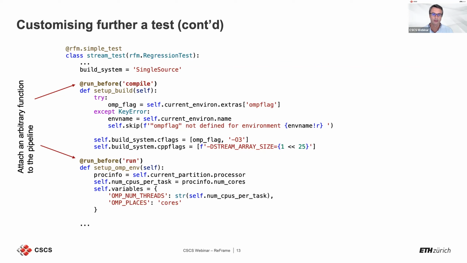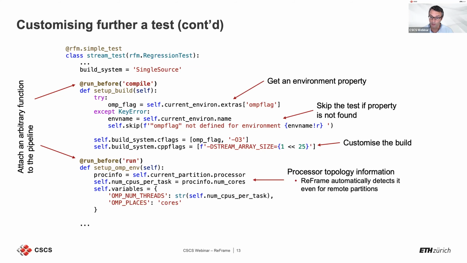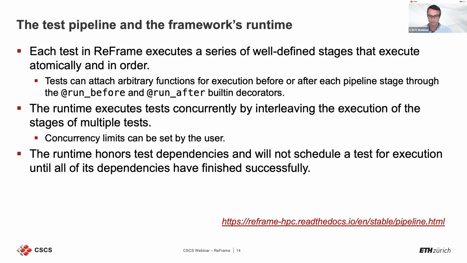And before running the test, you take the processor topology that's auto-detected by ReFrame, get the number of cores, and then set up the environment variables accordingly. And then we run the test. We will see that in a moment when I switch windows to show you the demo. So eventually, each ReFrame test goes through a series of well-defined stages.